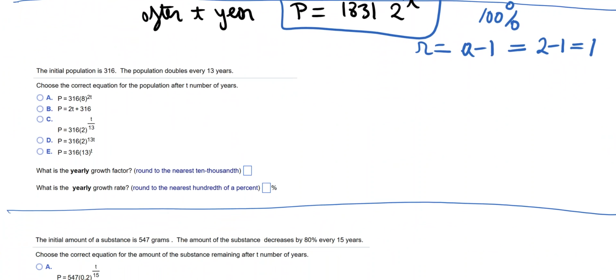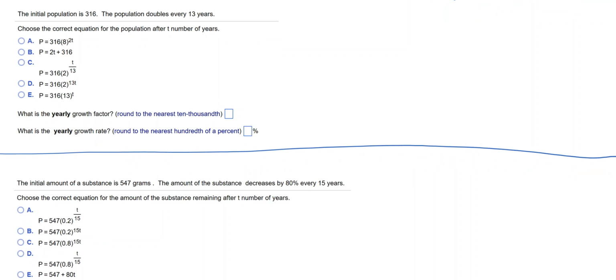Okay, so let's look at another type. So notice that now it says that the initial population is 316 and that the population doubles every 13 years. So every time you hear this, every 13 years, this is your cue that you need to use another form of the exponential function.